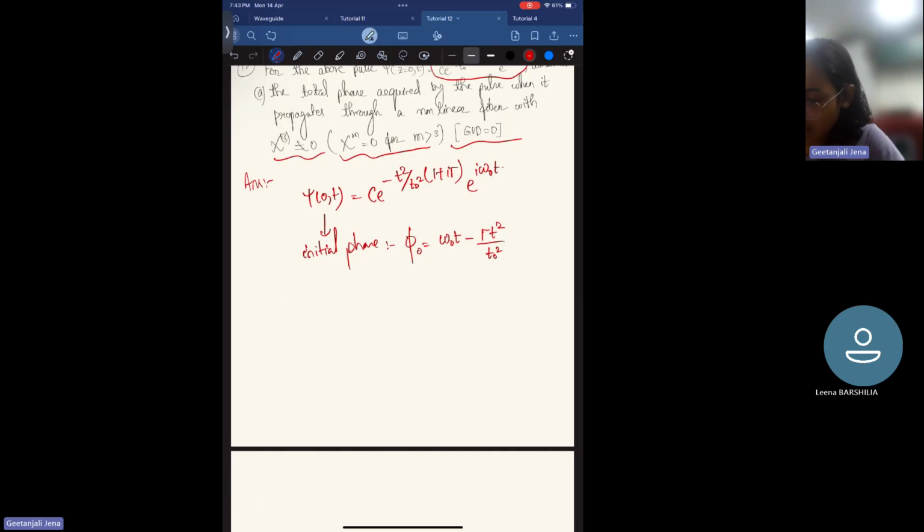Now when it travels through a distance, we have phi nl, which is gamma psi 0 square z, which is z gamma c square and c to power minus 2t square by t0 square.